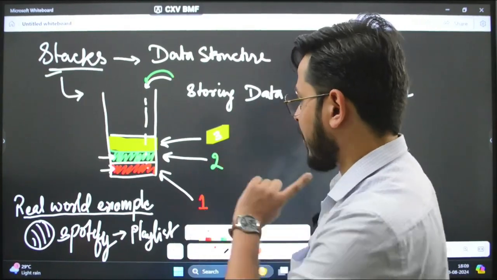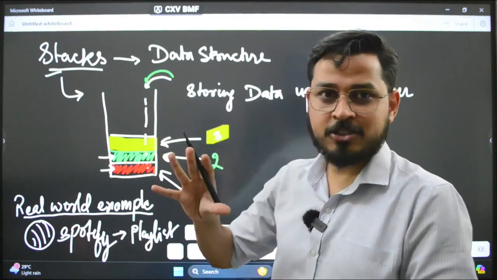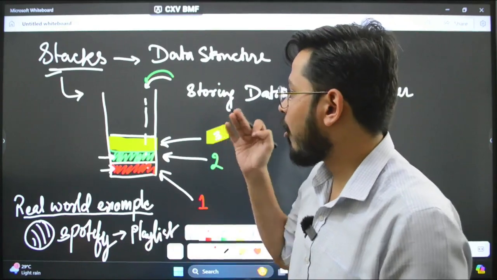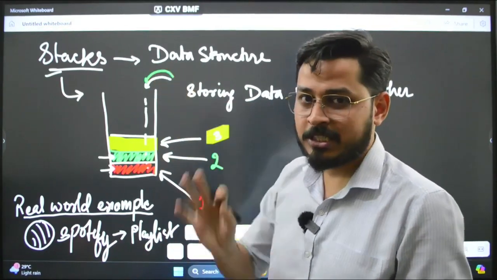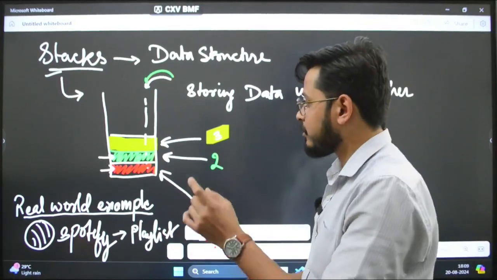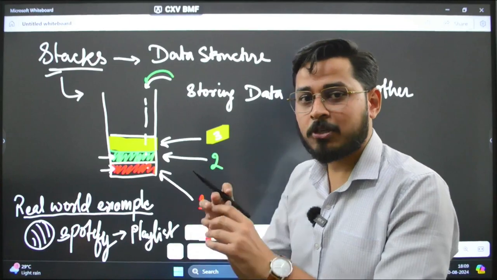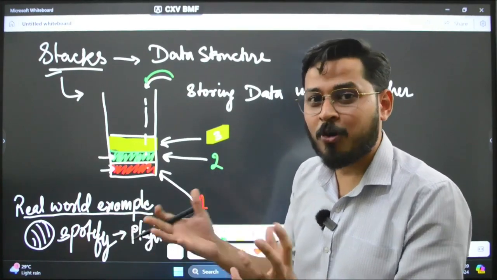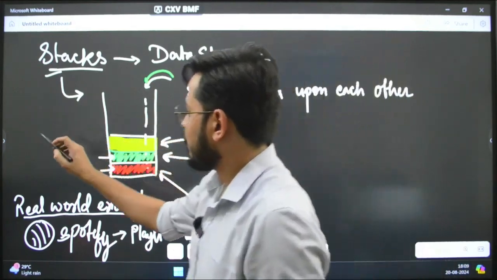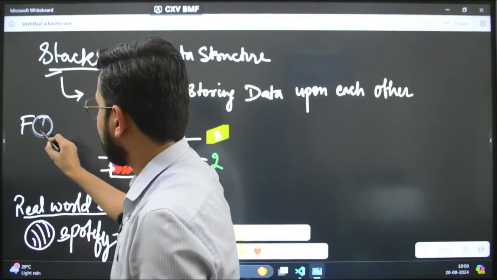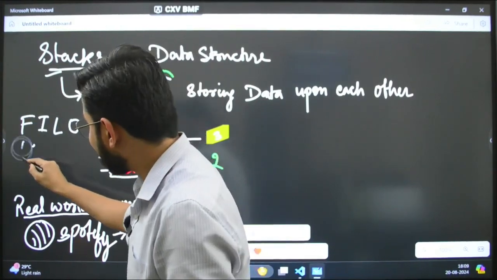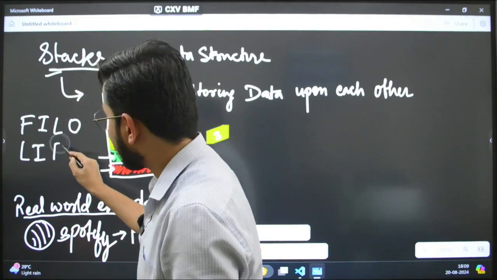Coming back to our point, this type of data structure gives us the ability to store the data one upon each other, which you have understood. But now there is a very important concept that gets born out of this stack data structure: the concept of first in, last out, or the reverse of it, last in, first out.